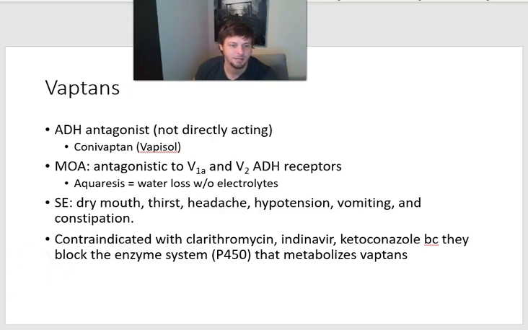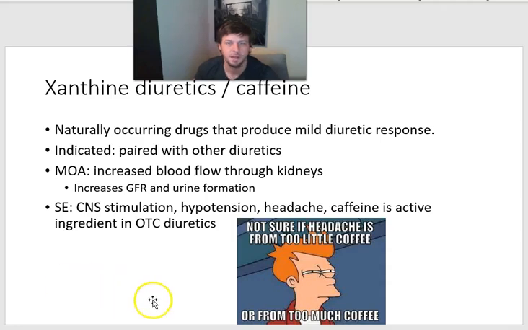And then the last group of our diuretics are your xanthine diuretics. A lot of your over-the-counter diuretics are going to be xanthine diuretics. They're going to have caffeine in them. These are naturally occurring drugs. Pretty mild diuretic response. If you drink coffee in the morning, or if you drink tea and you're like, man, I always have to pee after I drink coffee or tea.